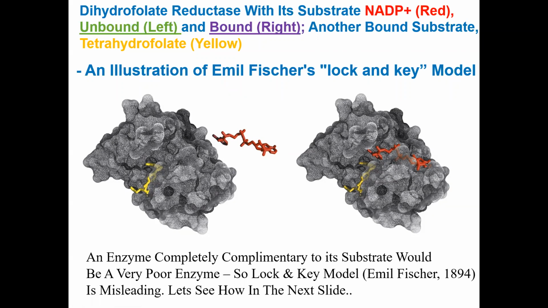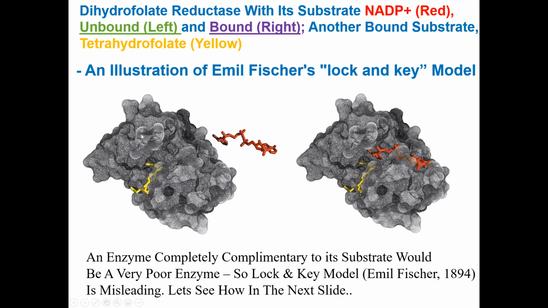And you might want to know that this was the first enzyme that was targeted for cancer chemotherapy. Okay, so when people were trying to inhibit the function of an enzyme so that cancer can stop growing, dihydrofolate reductase was the enzyme that produced the first drug. And that first drug was aminopterin. I'm not sure we will be talking about that, but just to tell you that it's an important enzyme.